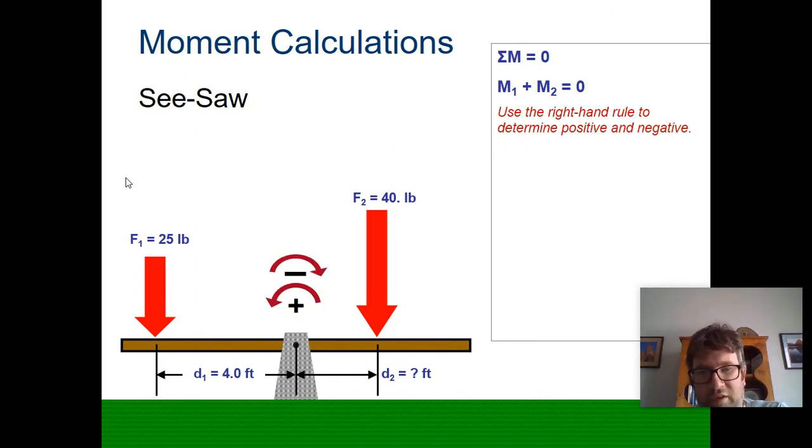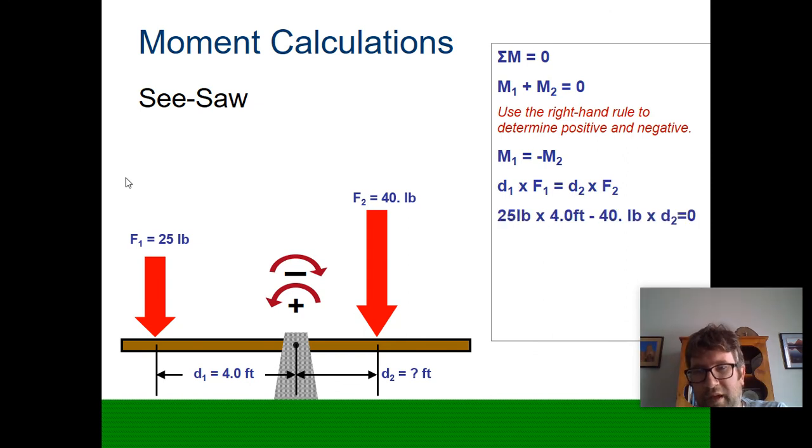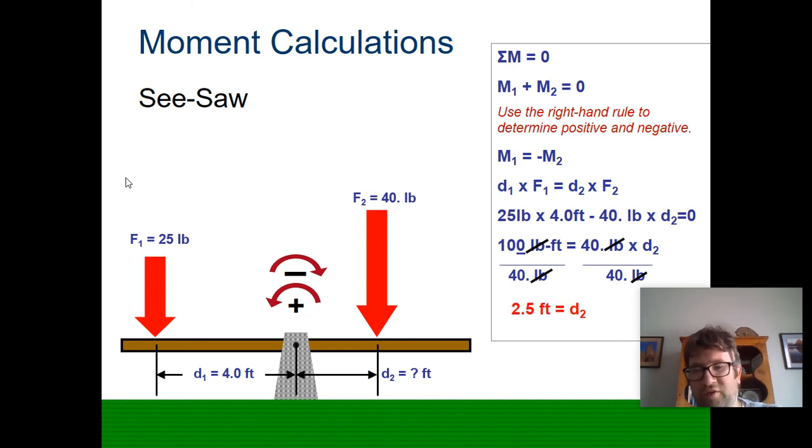Again, a positive and a negative. And it looks like that. So 25 times 4 minus 40 times D2. So if we divide 40 from both sides, 100 divided by 40 gives us an answer of D2 of 2.5 feet.